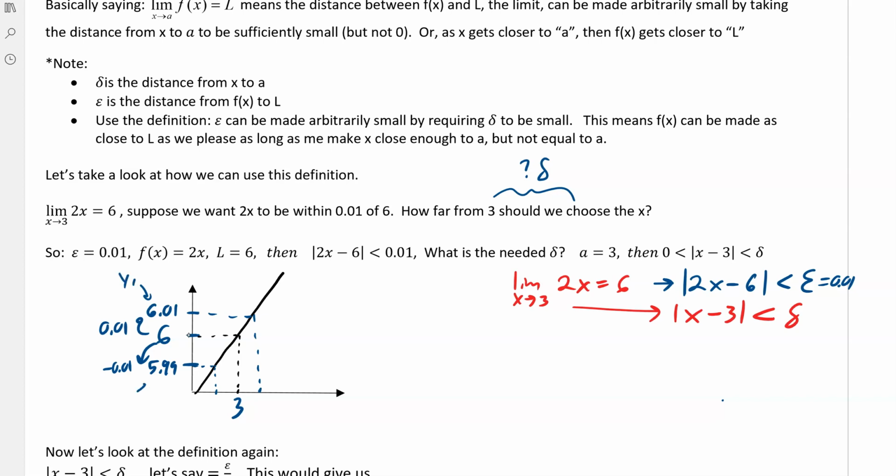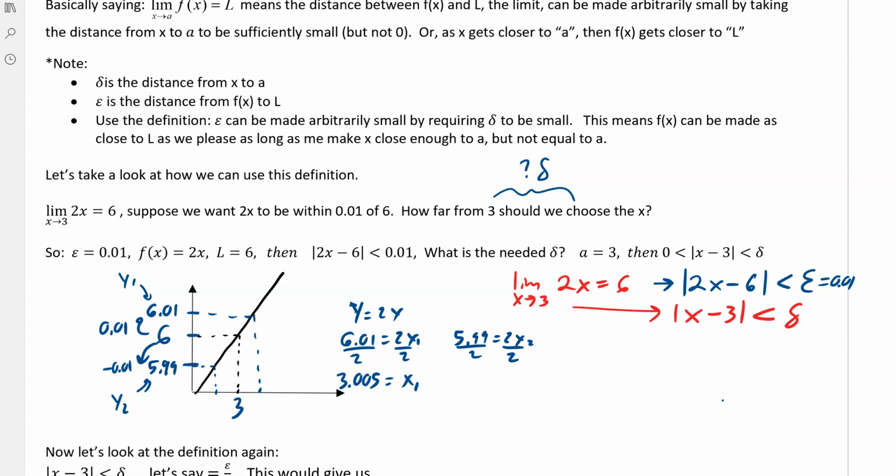That's y1. That's y2. So if we have y equals 2x, then we plug in 6.01 equals 2x, and then divide by 2, and divide by 2, and you plug that in your calculator. We get 3.005, and then we use the other one, which is 5.99 equals 2x, divide by 2, divide by 2, and I'm going to call that x sub 1, and that's x sub 2.